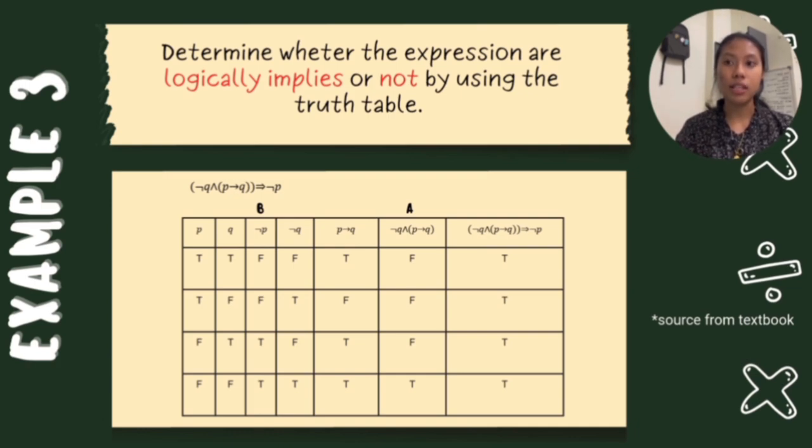Because of this, the final column of the table contains only true values. Therefore, based on the truth table, we can conclude that the given statement is always true, which means the argument is logically valid and is classified as a tautology.